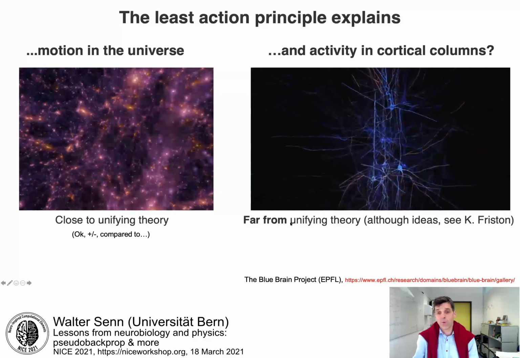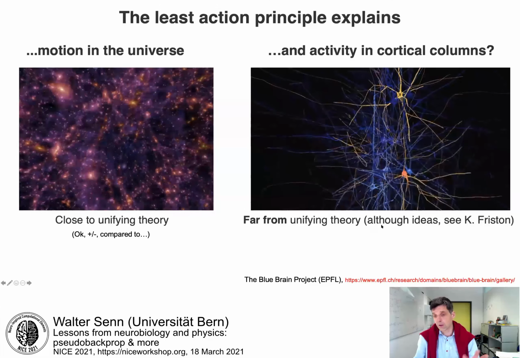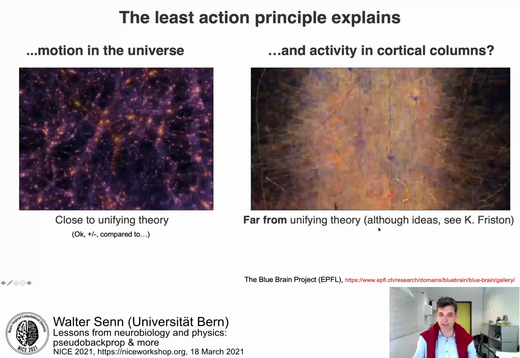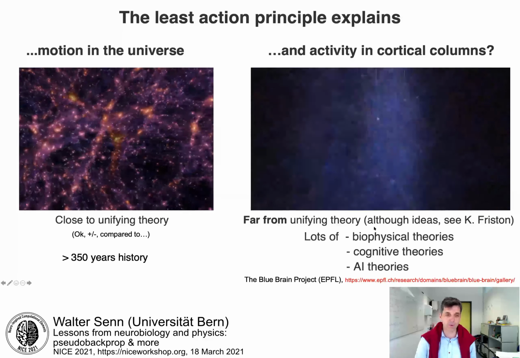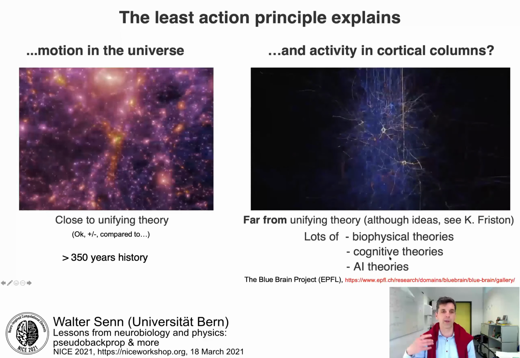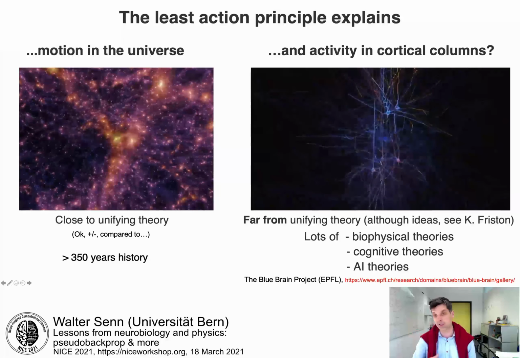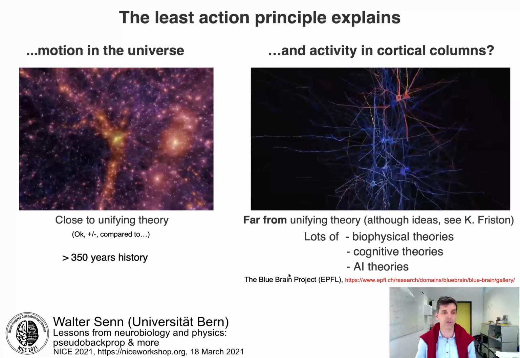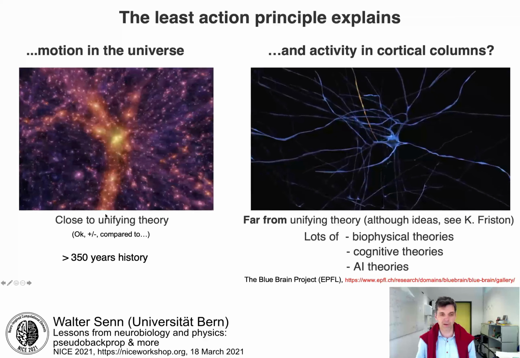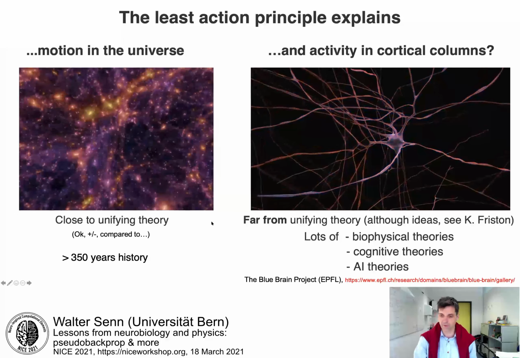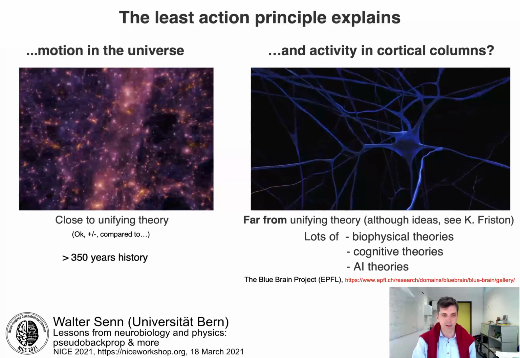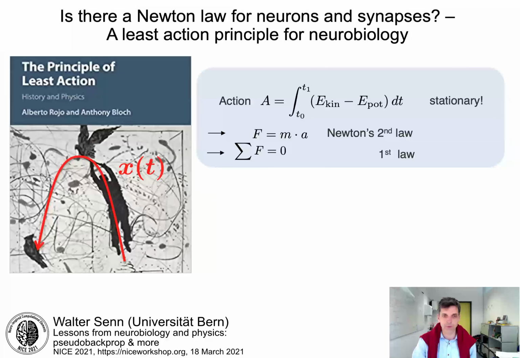Here on the right we're far away from a unifying theory, although, as I mentioned, there are clearly ideas on a high level, and we'd like to bring them down to those biophysical theories and maybe make the link to artificial intelligence and hopefully to this neuromorphic engineering. And at some point close up with this long successful history on the left-hand side of this least action principle.